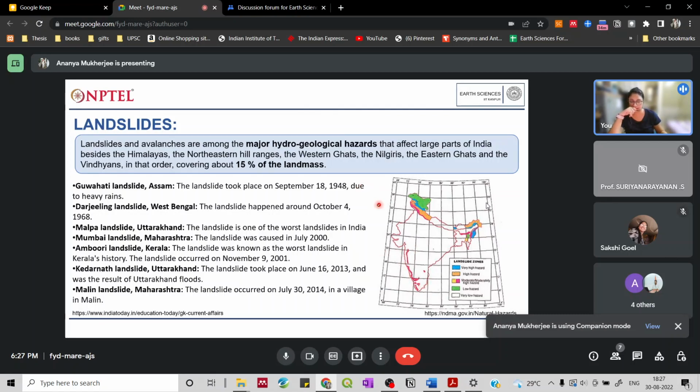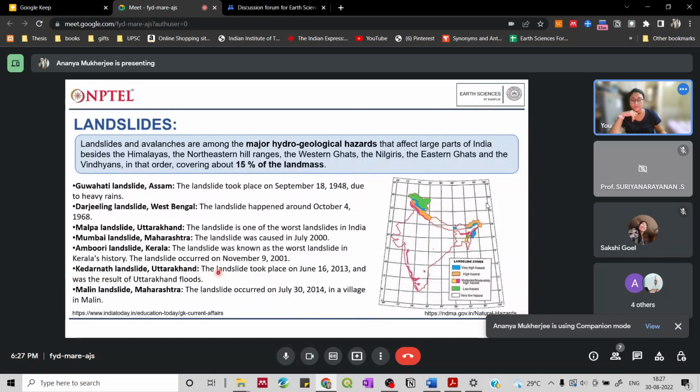So with that picture, we can say that it is mostly in hilly regions, hilly terrain, and especially mountain chains. That would be around 15% of the Indian landmass, which is affected by landslides. These are some examples of landslides that have taken place in the history of India, and we can see even the Kedarnath landslide is there.